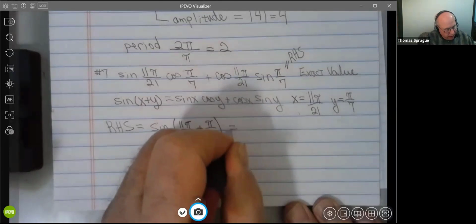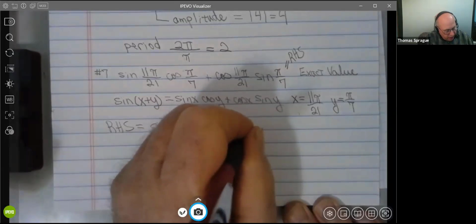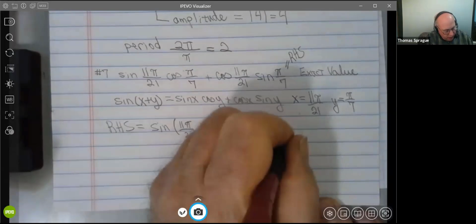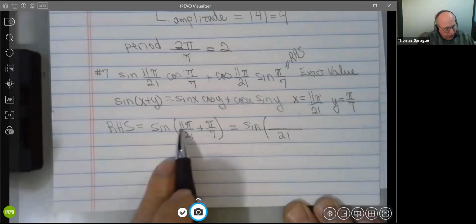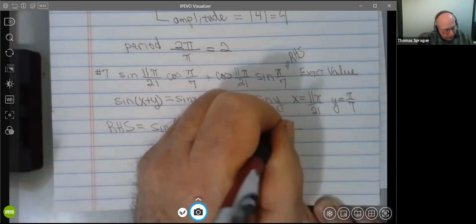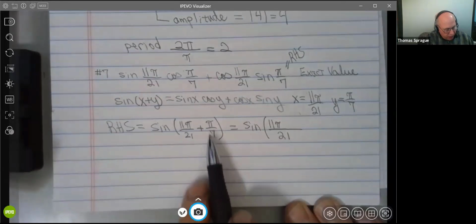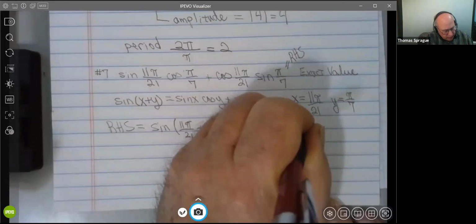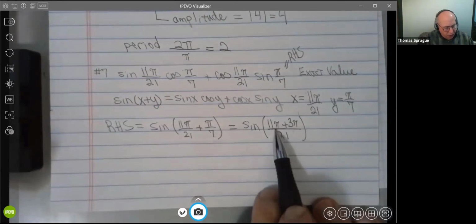Well, 7 times 3 is 21. So the common denominator here is 21. Here, you don't have to do anything to it. It's just the numerator is 11 pi. And here, to get the common denominator, you multiply up and down by 3. 3 pi and 11 pi make 14 pi.